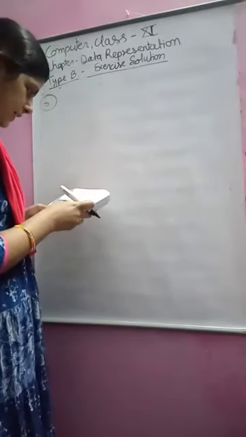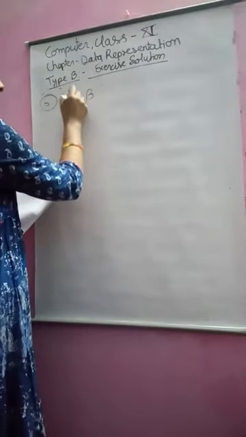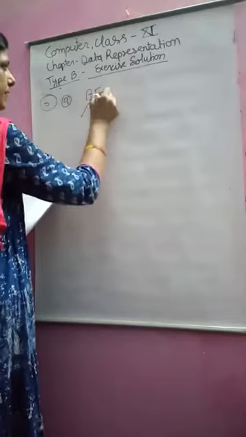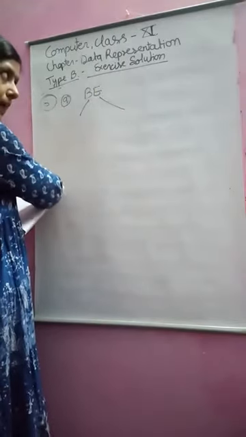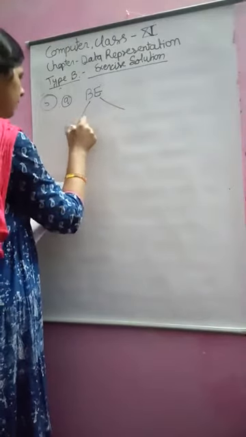Question number 6. Again, I am taking the first one, BE. Same, convert each digit to equivalent binary. B means 11, 1011.